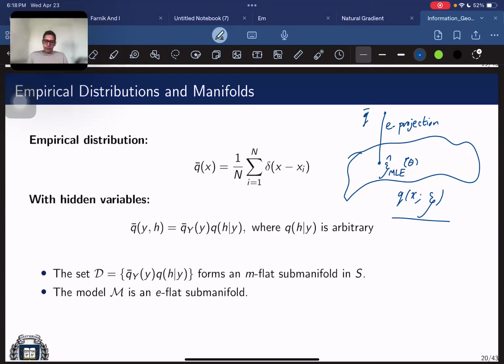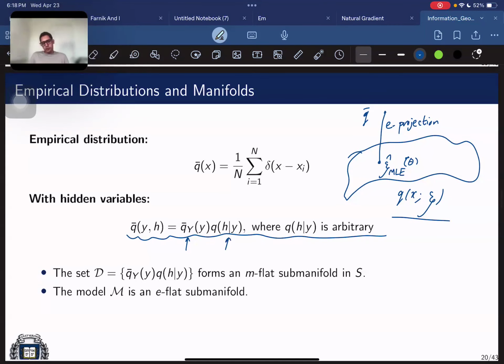So what's the solution? We start with writing down Q in this form. We write Q as the distribution over Y, and then the conditional distribution of H given Y. Given any distribution of Y and H, you can write it down as this.